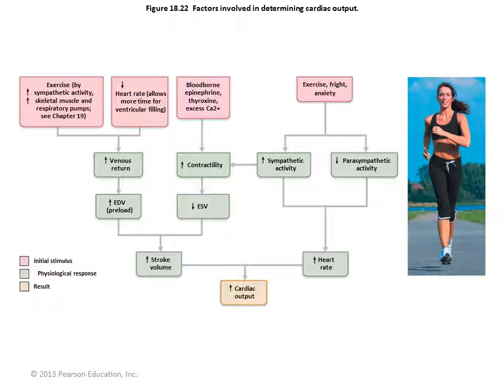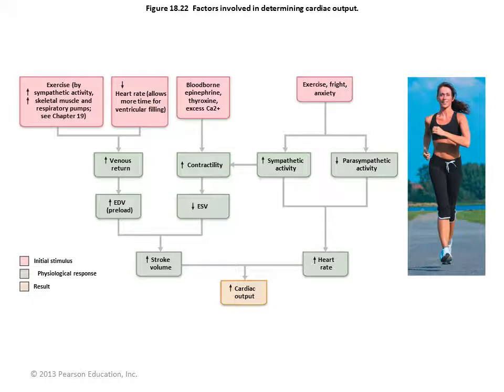A slow heartbeat and exercise increase the venous return, and increased venous return stretches the ventricles and increases contraction force. Contractility, number two, is the contractile strength at a given muscle length, independent of muscle stretch and EDV.